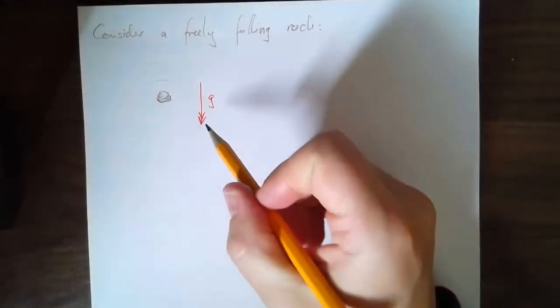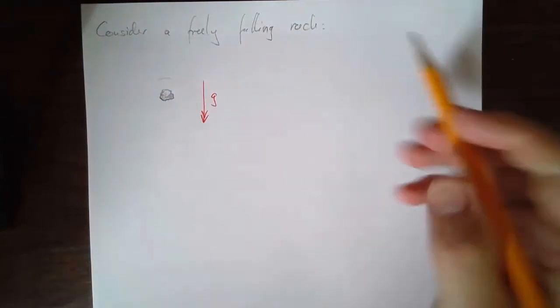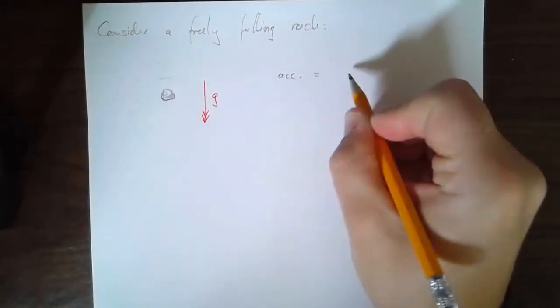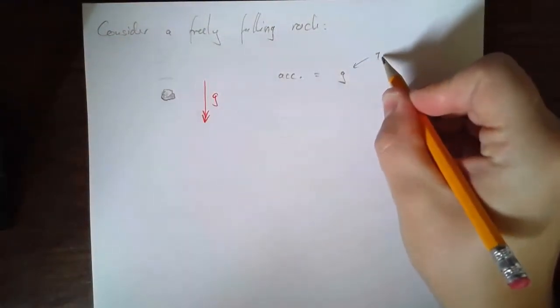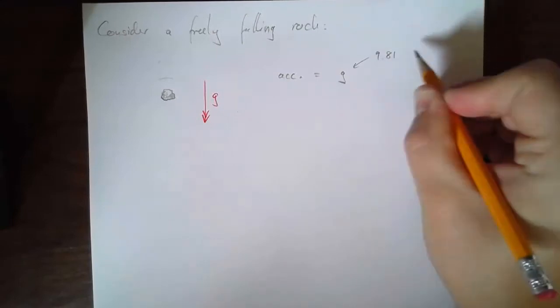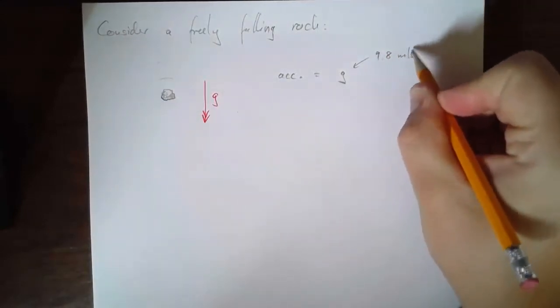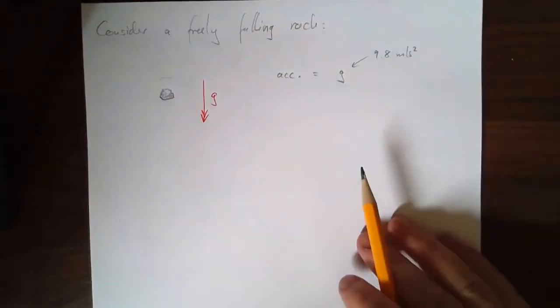Okay. Now, given what we know about forces, what is this telling us? Well, the acceleration is g, 9.81, or 9.8 meters per second squared, or 10, depending where exactly on Earth you are. Doesn't matter. If you're on a different planet, a very different value, of course.